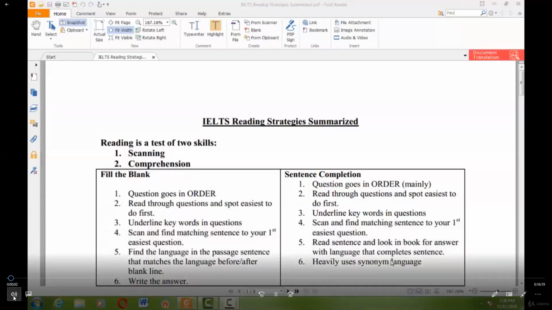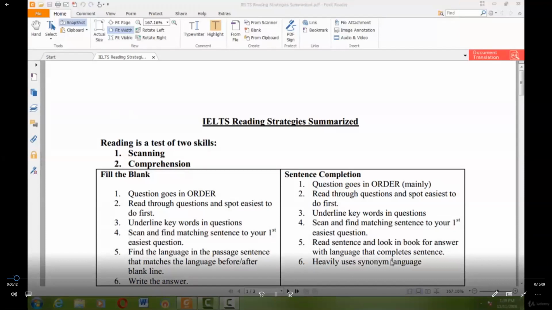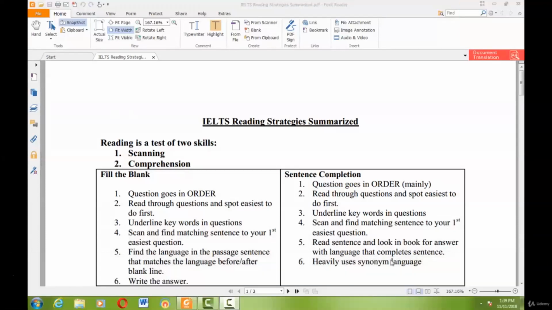Okay, and welcome to the general reading section of the course. As you know, in this section of the course, we're going to be going through the specific analysis and specific strategies for each question type. You're going to have several lectures in this section that actually break down each specific question.